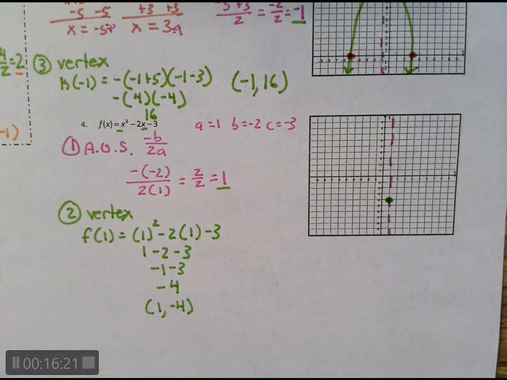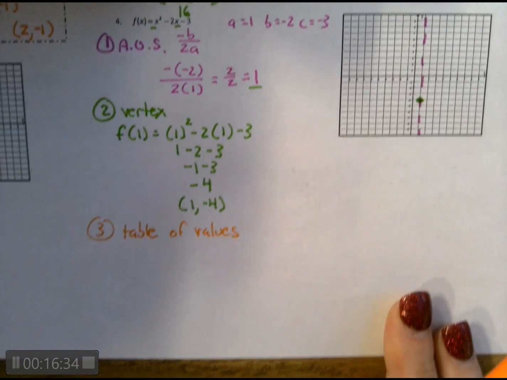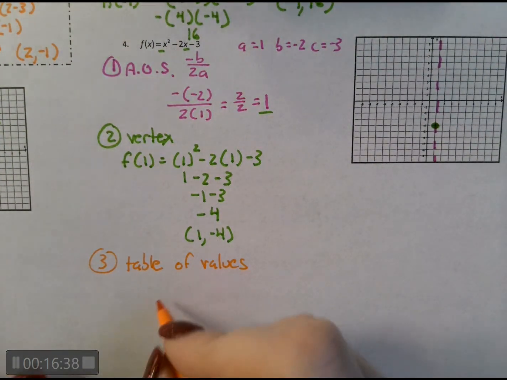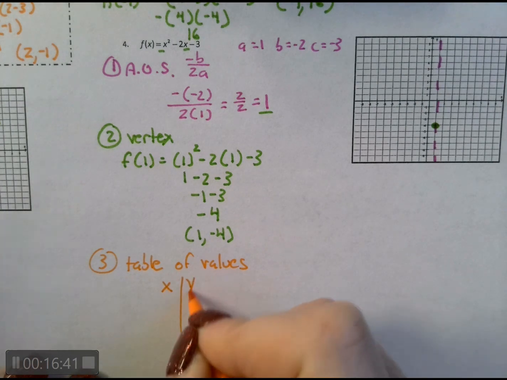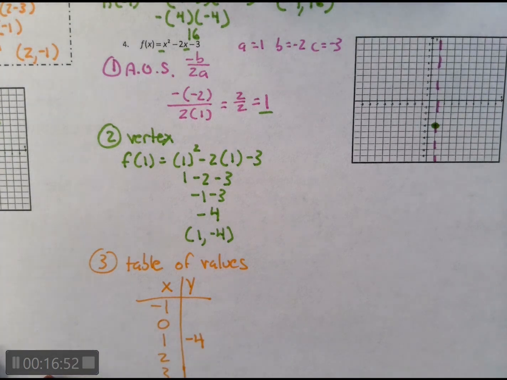Alright. And then our third step is our table of values. Move this down a little bit. Yep. So then we have our x and our y, and we make sure that our vertex is in the center, and then we go up 2 numbers and down 2 numbers.